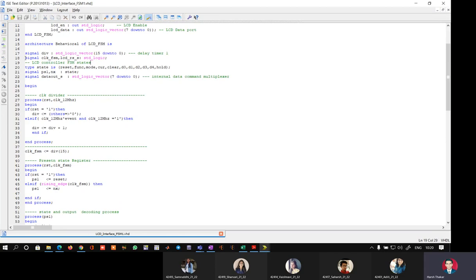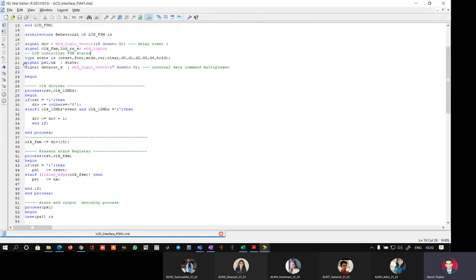Line number 18 defines two more signals, that is clock_FSM and LCD_RS_S. Similarly, line number 20 and 21 are special because on line number 20, we are creating a new data type.